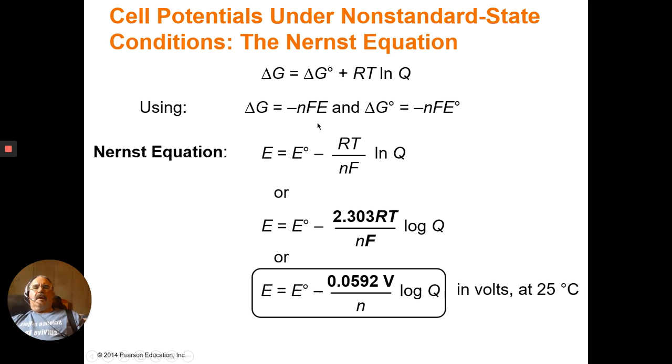Right, so if we set these two quantities equal to each other and do some substituting, we get E non-standard equals E standard minus RT over NF times log Q.